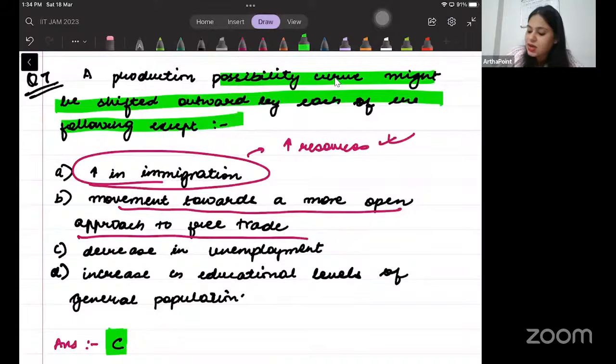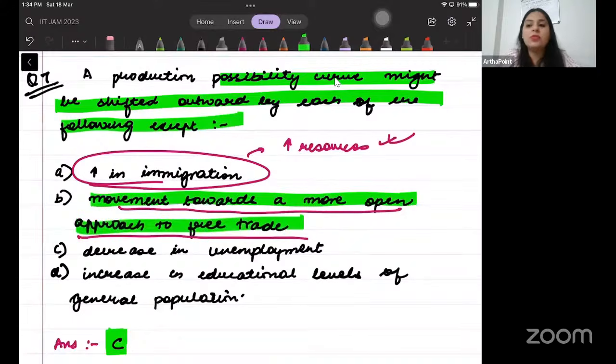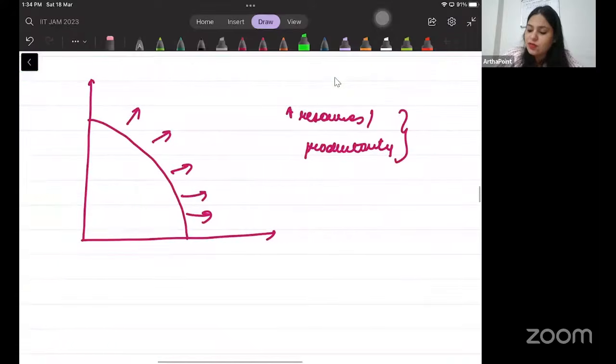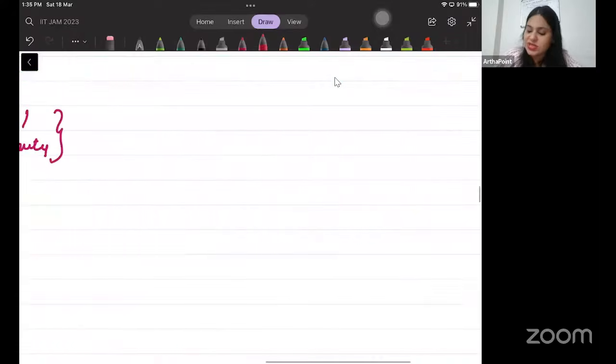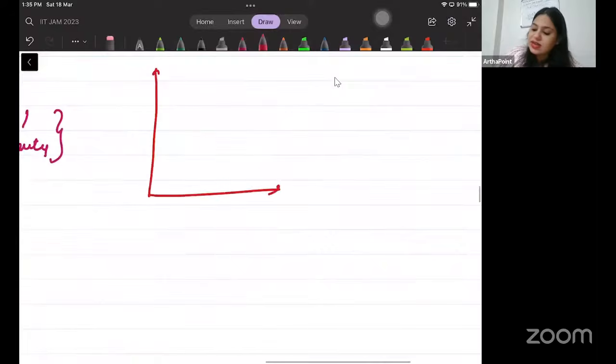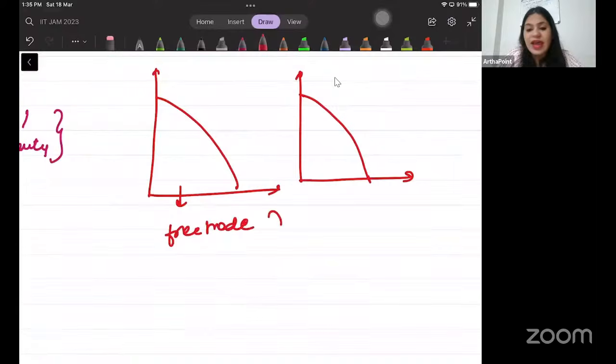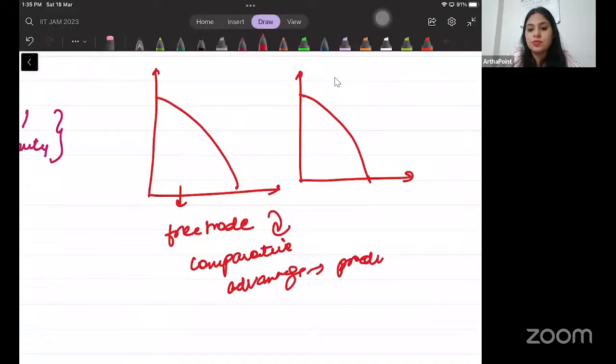Now, this part actually comes from international economics. If you go back to your international economics lectures, you will see that we have the PPC for 2 countries. And whenever they go towards free trade and take benefit of comparative advantage, they are able to produce more.